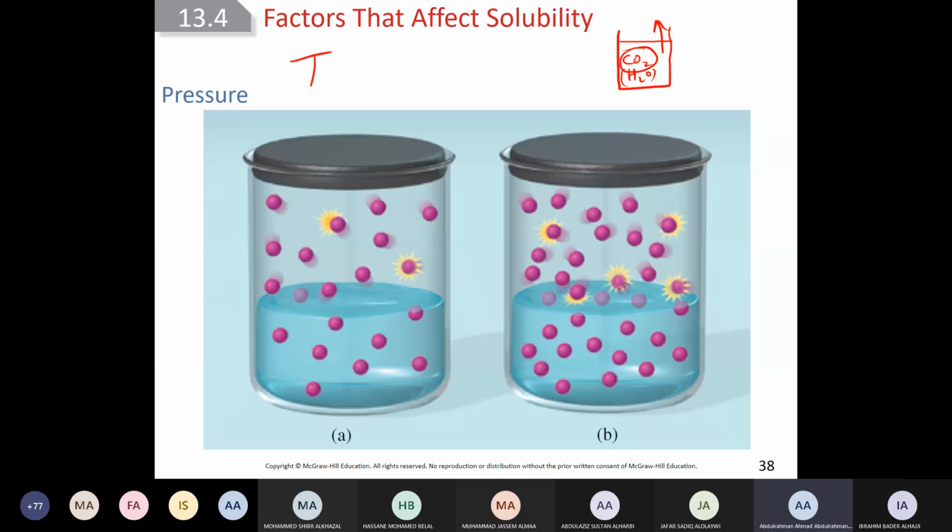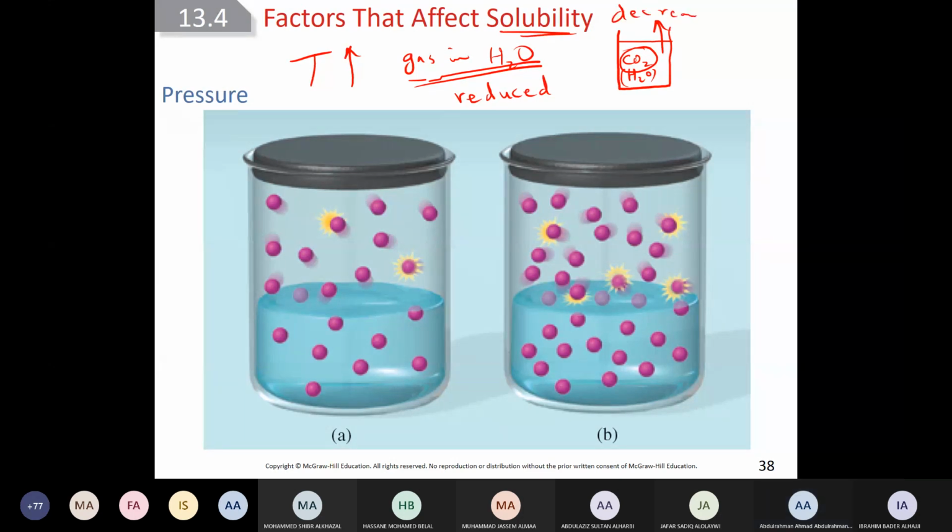What's the effect of temperature on the solubility of gas in water? Always what? Increase or decrease? The solubility decreases for gases.